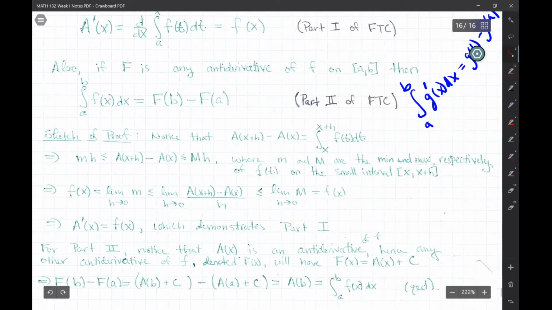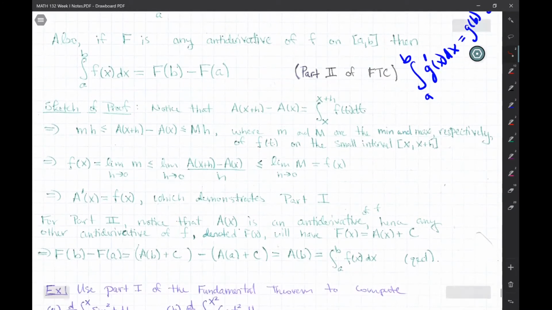So here's a sketch of the proof for the fundamental theorem. We have that A at x plus h minus A at x, the difference in the area function, is equal to this term there. Well, this is an integral, and we can bound it by its lower and upper limits, as we've seen in a previously discussed property.